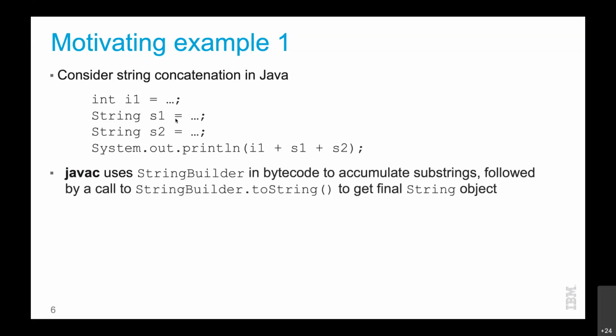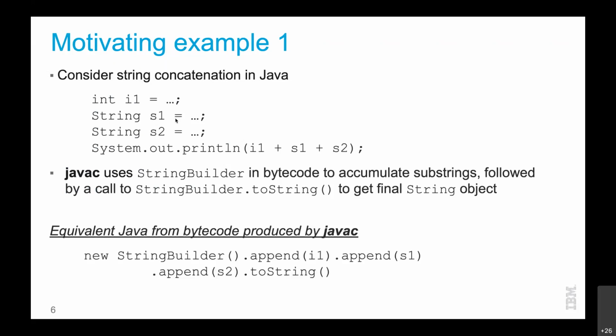In the Java-C compiler, emulates the substrings onto that string builder, and then finally calls toString to extract the final string object from that process. So the equivalent Java to the byte code that's actually generated looks something like this.